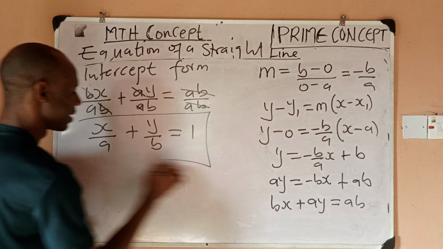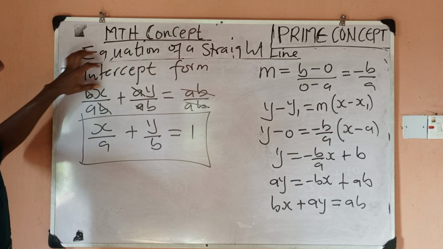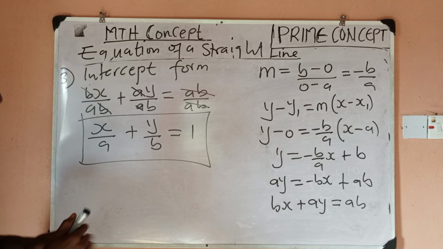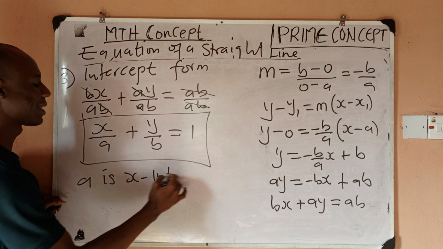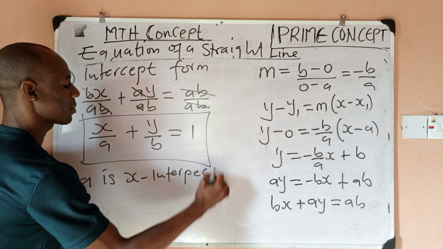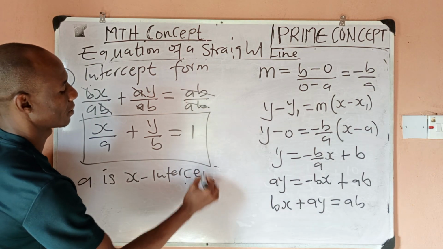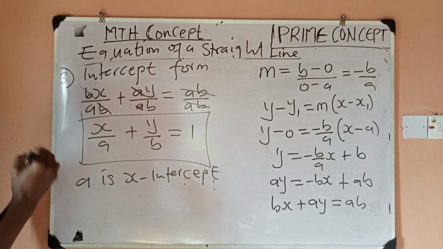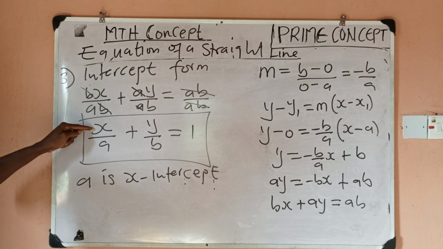So this is the equation of a straight line in what we know as intercept form, where a is the x-intercept. A is the intercept on the x-axis, which you would notice is directly under x.